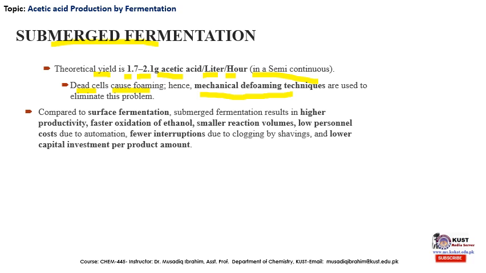Now, compared to the surface fermentation process, the submerged fermentation results in higher productivity, faster oxidation of ethanol, smaller reaction volumes, low personnel costs due to automation of the process, fewer interruptions due to clogging by shavings, and lower capital investment per product amount.